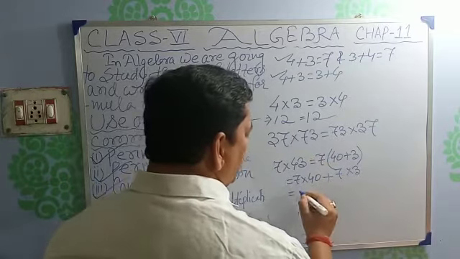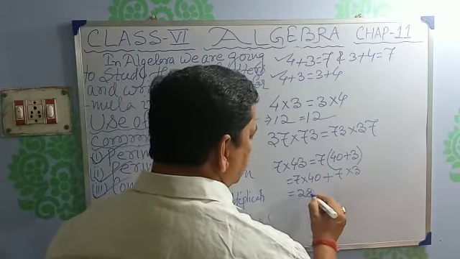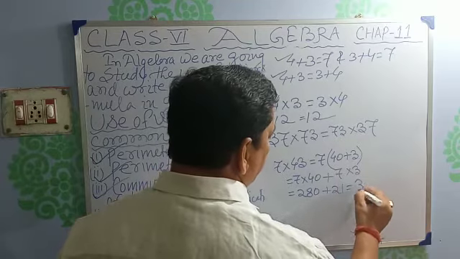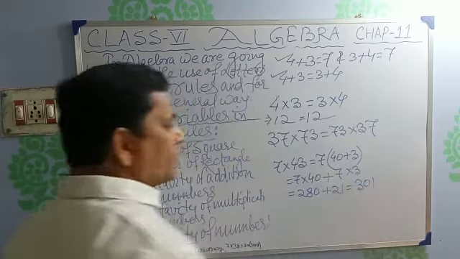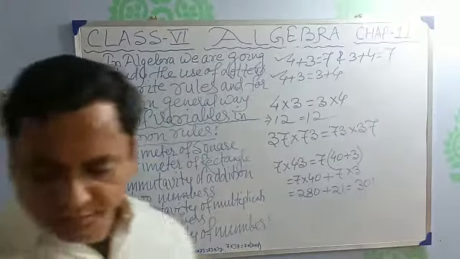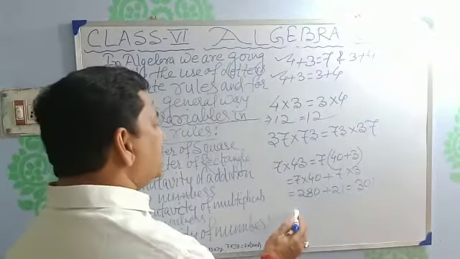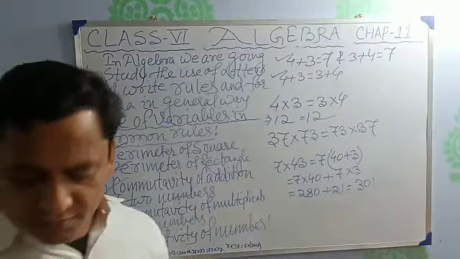We can write 7 fours are 28 plus 21. That means 301. Right, class 6? Now we will discuss the general terms. Is it clear?